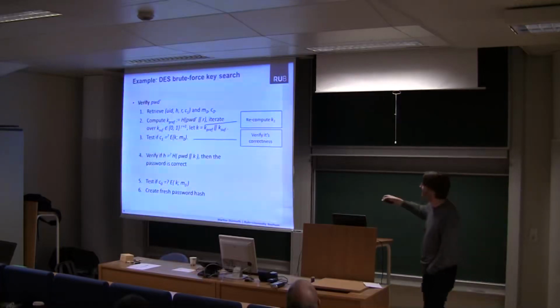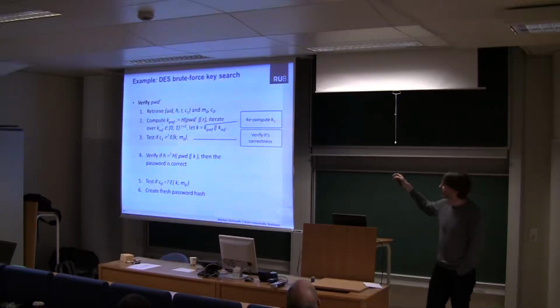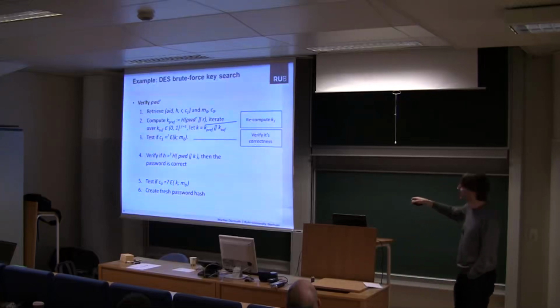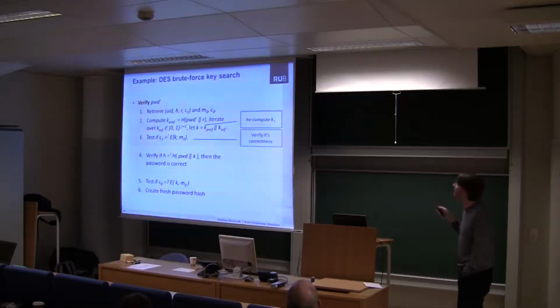Remember, we wanted to find a key K so that M0 encrypts to C0. So if we eventually find a key K so that this test succeeds, then we have solved our base problem. Then we have successfully brute forced the DES encryption that we started with.